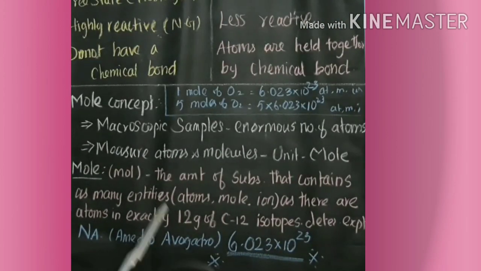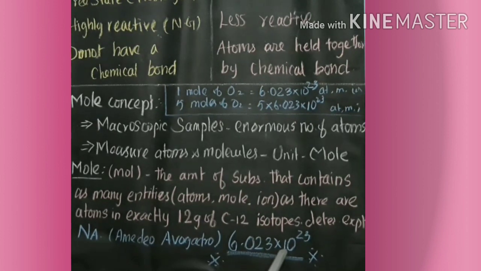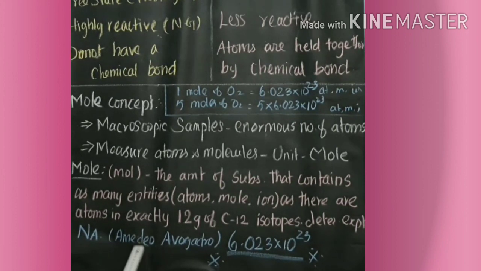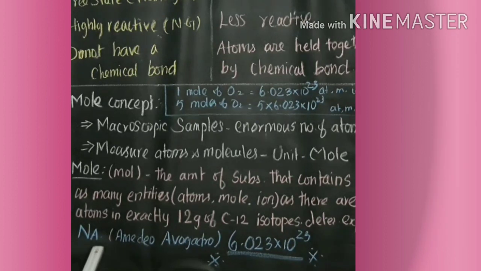This is called the Avogadro number. What is that value? 6.023 into 10 power 23. It is named after an Italian scientist, Amedeo Avogadro, who proposed its significance, and to honor his name, they gave this as Na, the Avogadro number.